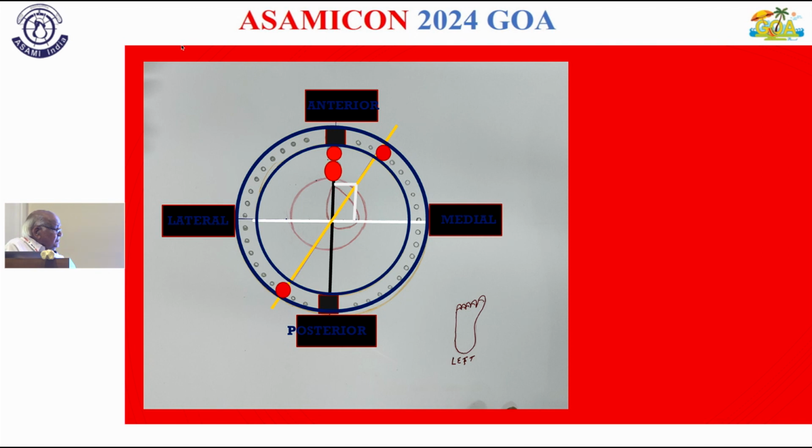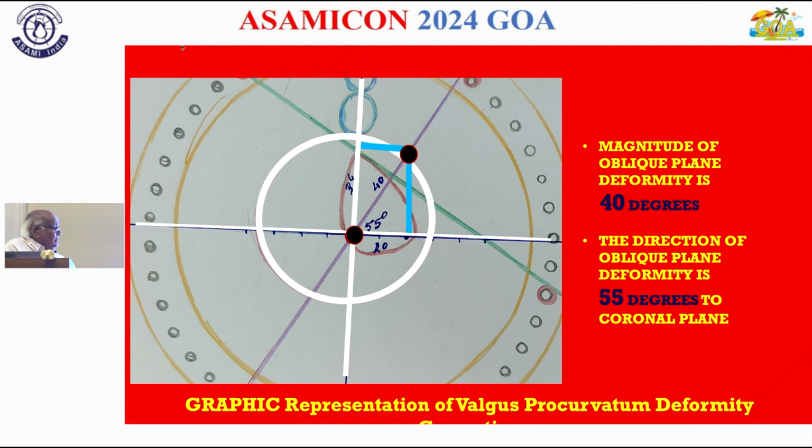This is the tibia, this is the leg, and this is the point where you are going to fix your hinge. No, not hinge, distraction rod. And this is the tibia.